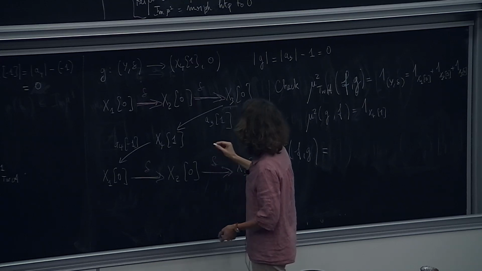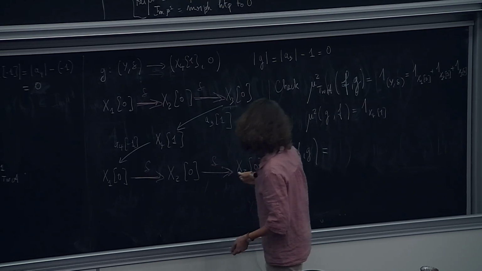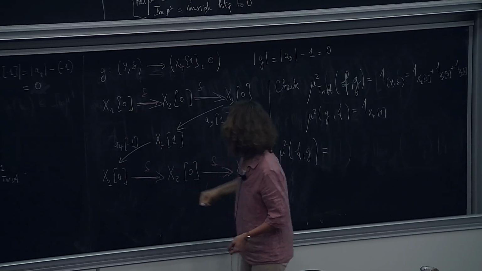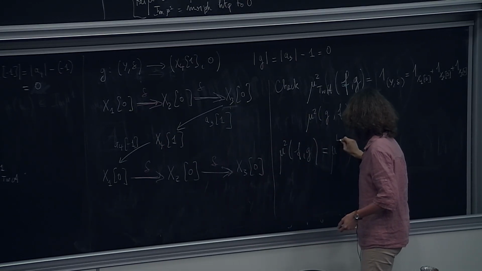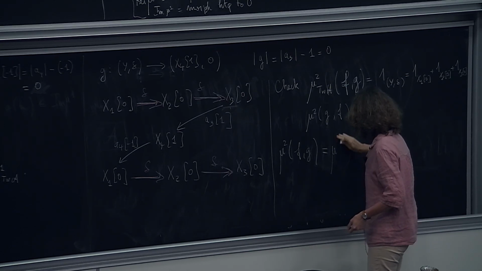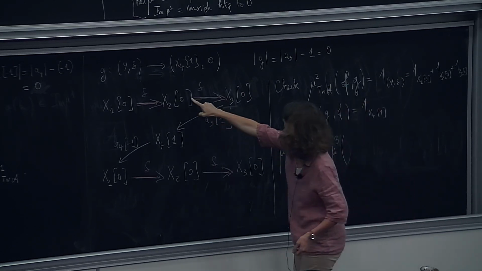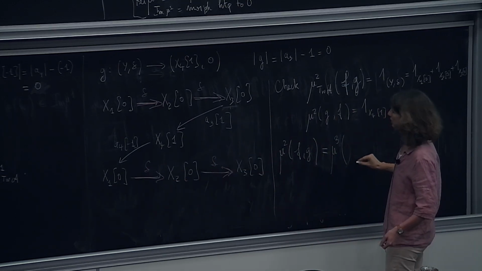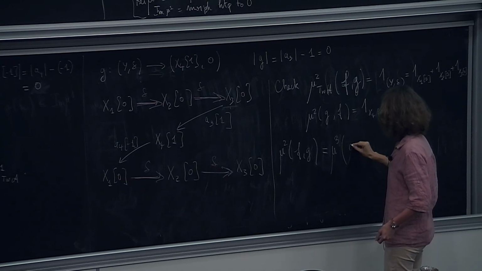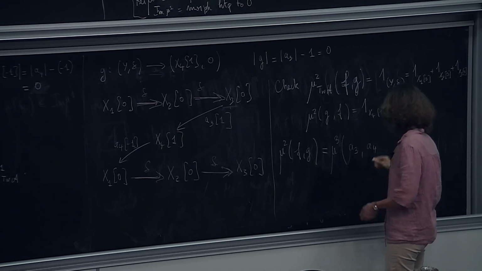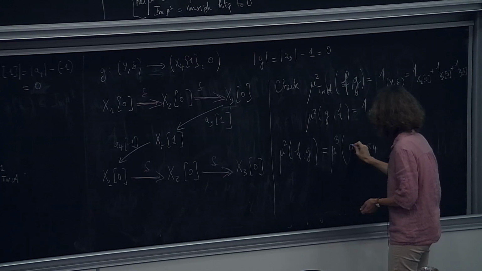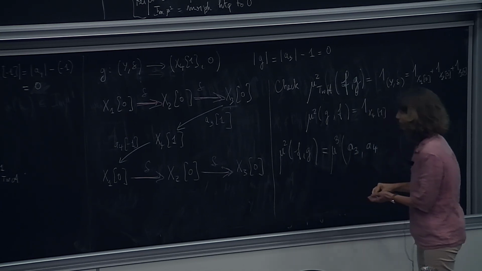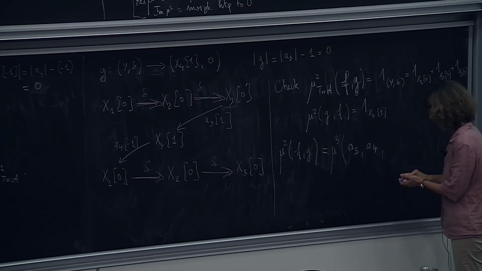So, for instance, here I could do mu3, for instance, of, so I still need to have A3, A4. Maybe I should write them in blue. And here I could add some delta.